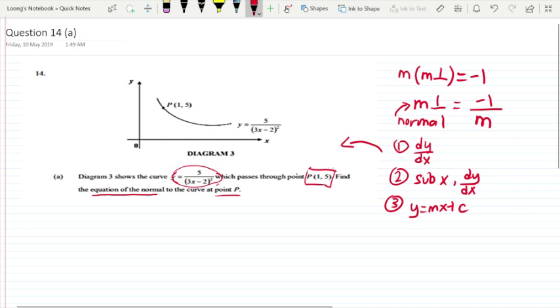Now we can start. Starting off is differentiation of dy dx of 5 over (3x minus 2) squared. Here we take note that this is a fraction, so we need to do it with the quotient rule.